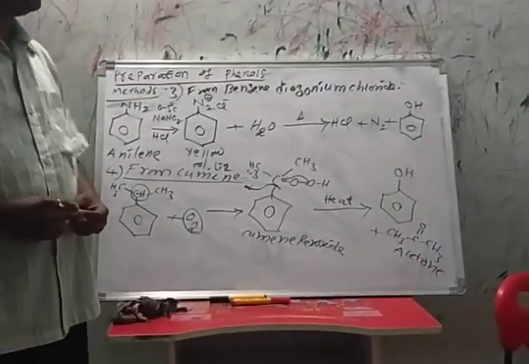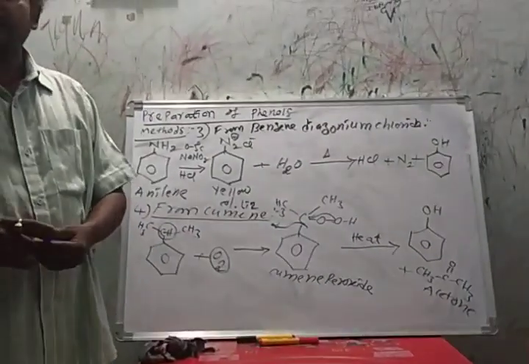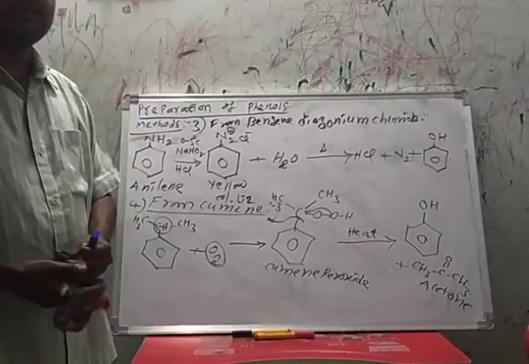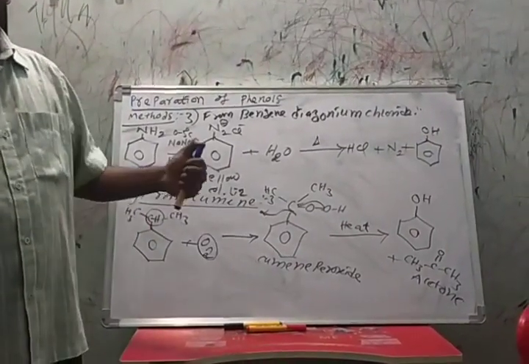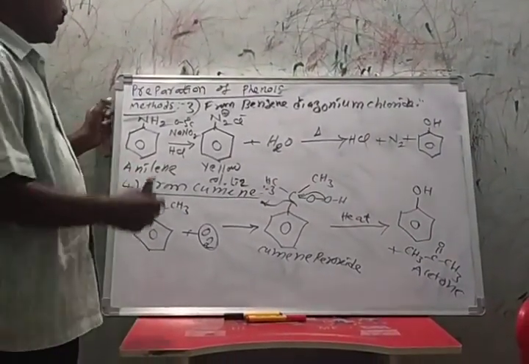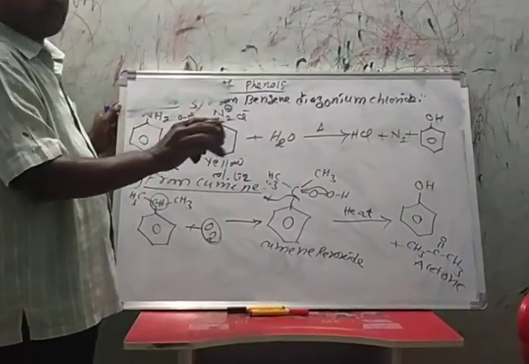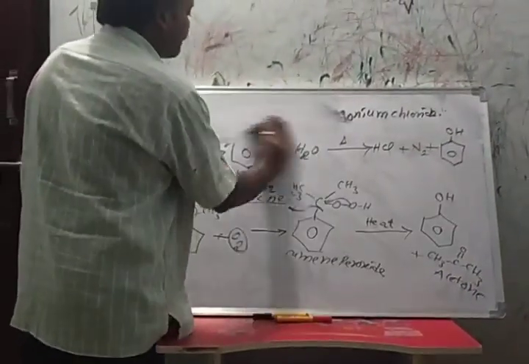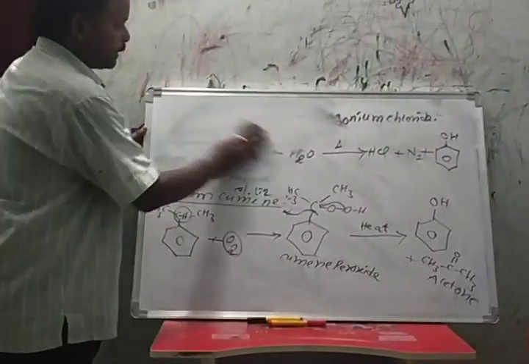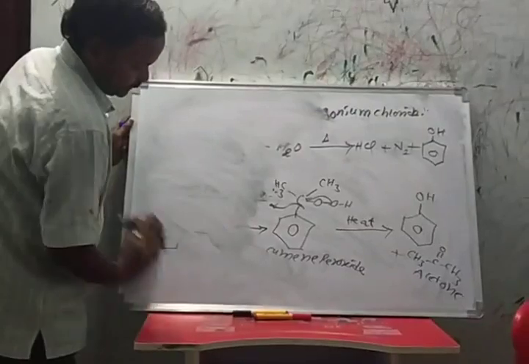Okay, these are the four methods used for the preparation of phenols. This is about the preparation of phenols. Then in continuation we'll see the physical properties of alcohols and phenols.